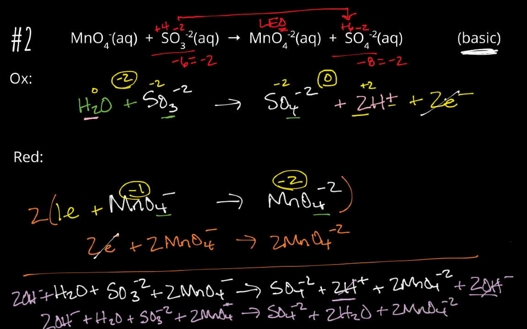And then the last thing I would do is reduce the waters. So I have 2 waters here. That's going to get rid of this one over here. So then that would just be 2 OH minus plus SO3 minus 2 plus 2 MnO4 minus gives me SO4 minus 2 plus H2O plus 2 MnO4 minus 2. And again, you only have to do that when you have a basic solution.